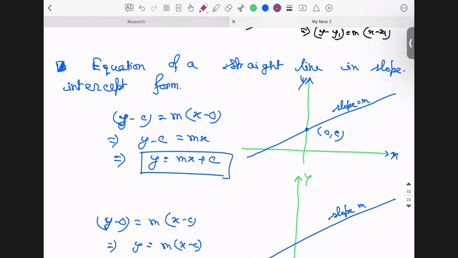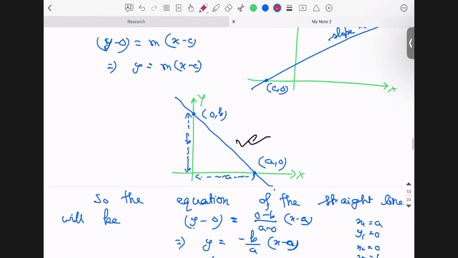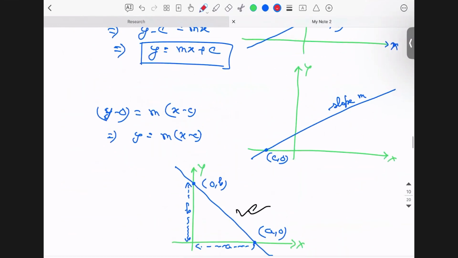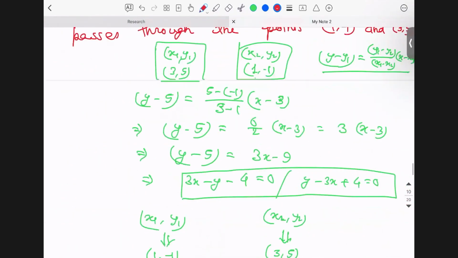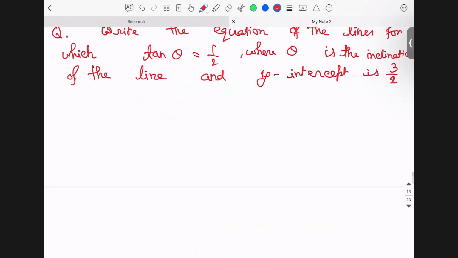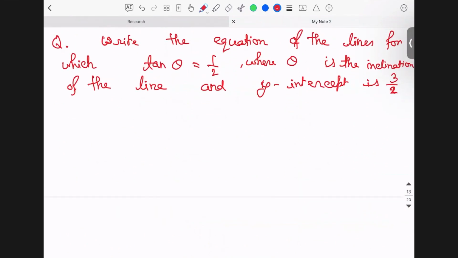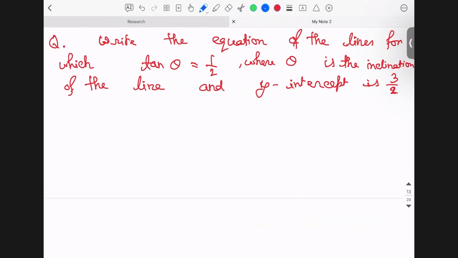But even if you forget the y-intercept form, you can use the equation of the straight line and get the answer. How? I will write it in general form, just using one point on a straight line.